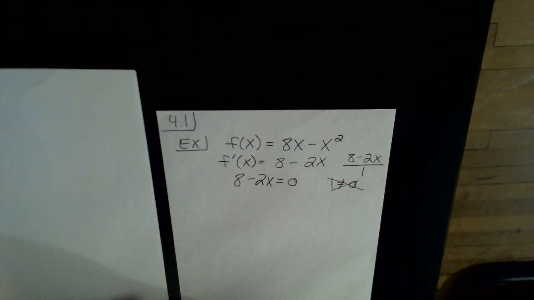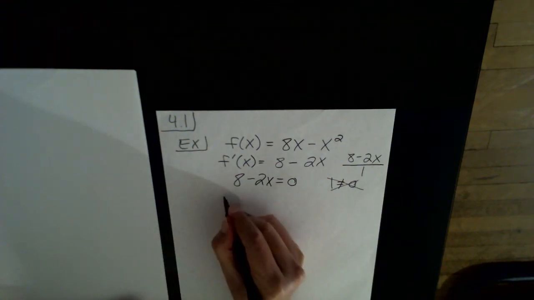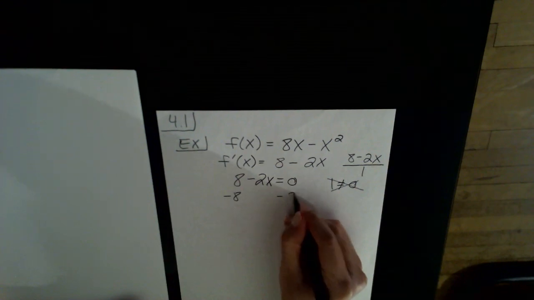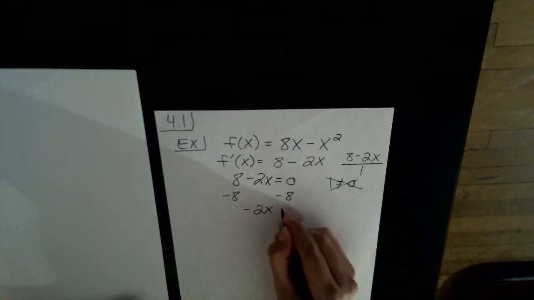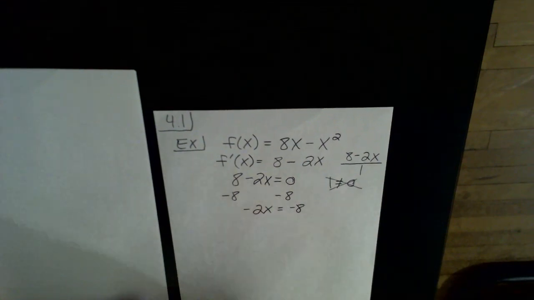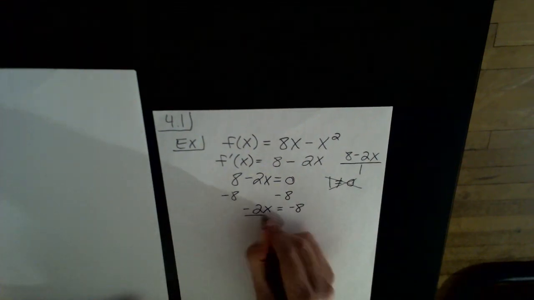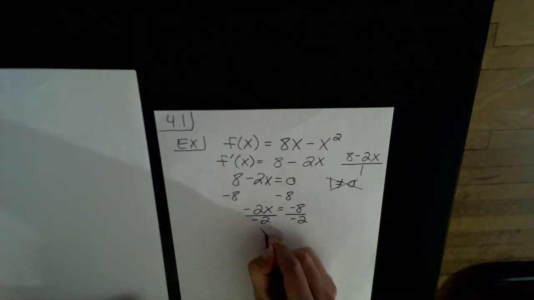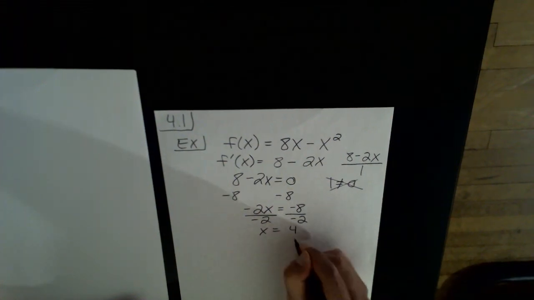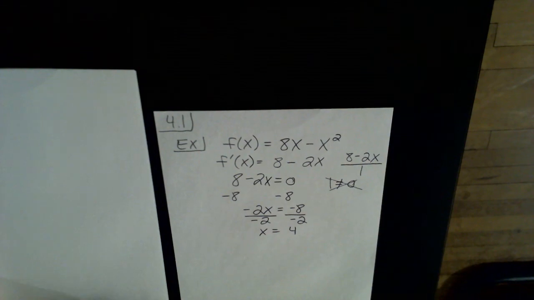So we begin solving this. We'll start by subtracting 8 from each side to get negative 2x is equal to negative 8. And then dividing each side by negative 2, we get x equals 4.